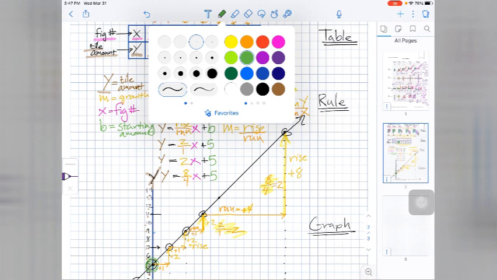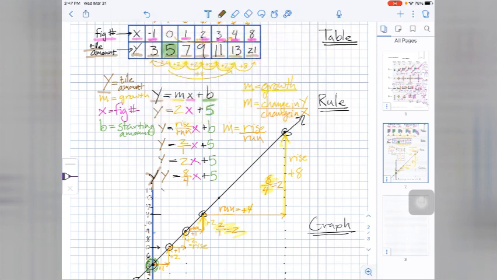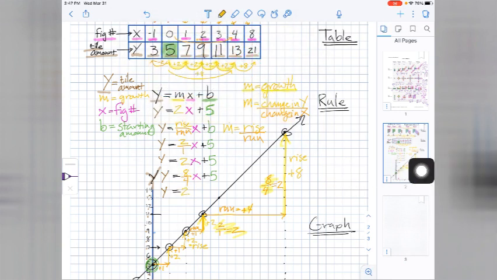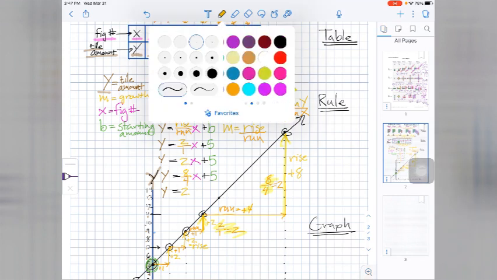And when I do that, it's still the same thing. I'm still going to have y equals, and instead of doing 2 divided by 1, now I'm going to do 8 divided by 4. But what is 8 divided by 4? 8 divided by 4 is still 2.